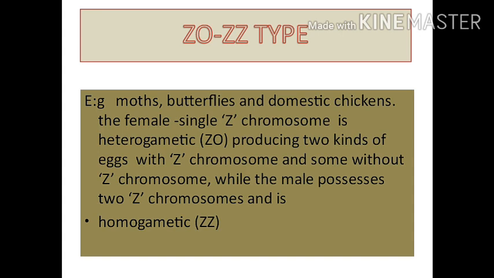The male is said to be homogametic because it possesses two Z chromosomes but it produces a sperm with one Z chromosome. So sperm with Z chromosome will be produced. Here it is said to be homogametic. It is observed in moths, butterfly and domestic chicken.